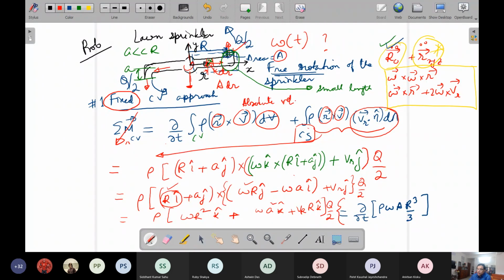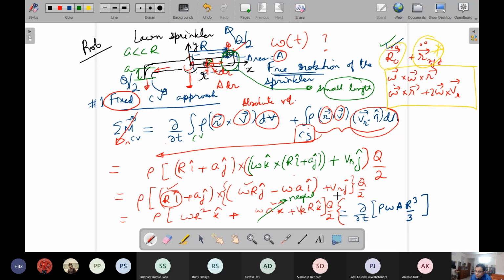So out of that we can clearly neglect one of the terms, and that is the implication of the small length a, so that we neglect.